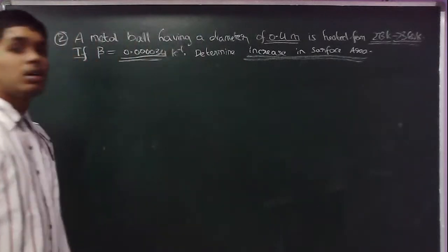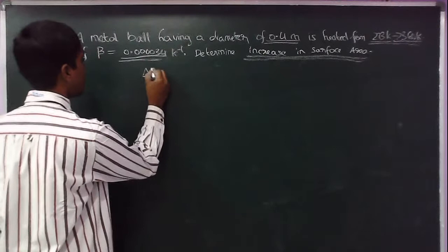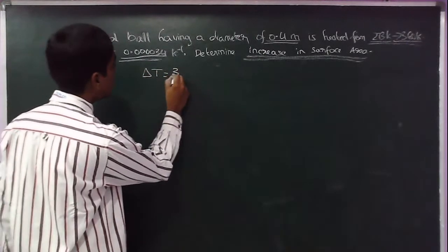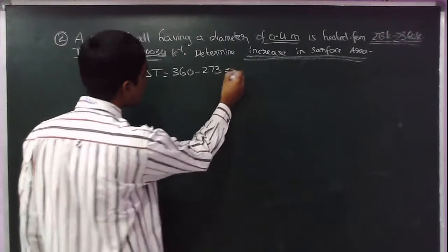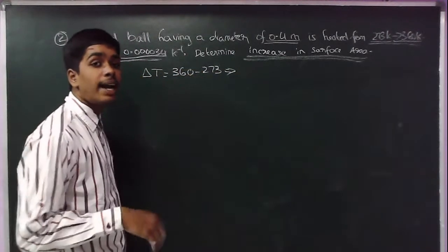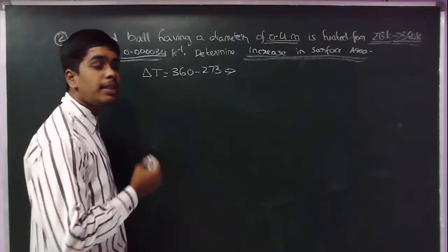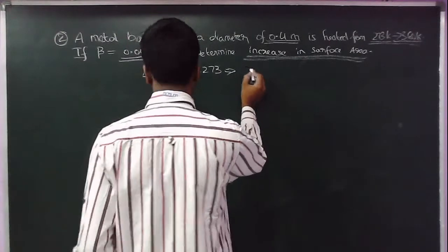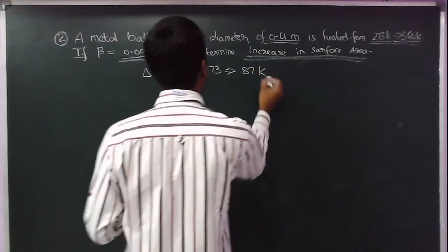Okay. Now first, delta T is equal to 360 minus 273. Suppose it is 260, it will become 100, 100 minus 13, it is 87. So delta T is 87 kelvin.